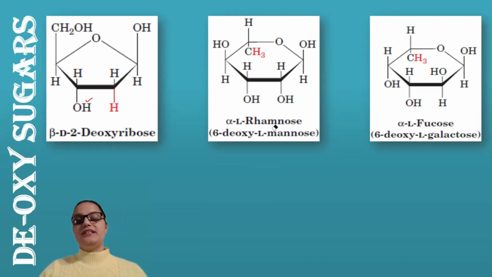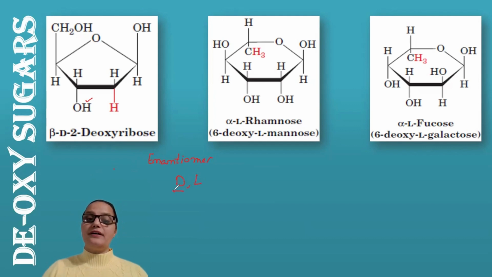Then we come to these derivatives, which are actually the derivatives of the rare enantiomers. When we were doing the enantiomers and the epimers in the video Biochemistry 2, we discussed that enantiomers are of two types, D and L forms.